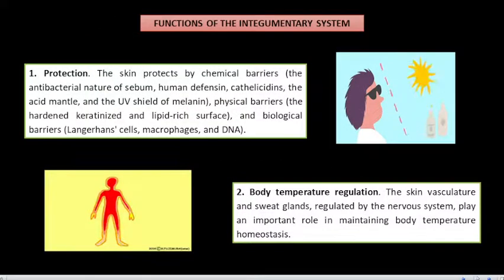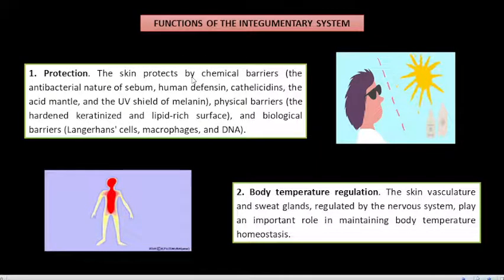So let us first start with the functions of the integumentary system. The very first one is protection. Okay, your skin is protecting your body, and it serves as the very first line of defense against the outer or external environment. So your skin protects by, number one, using chemical barriers such as your sebum.